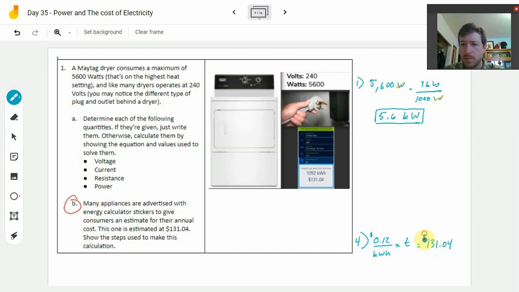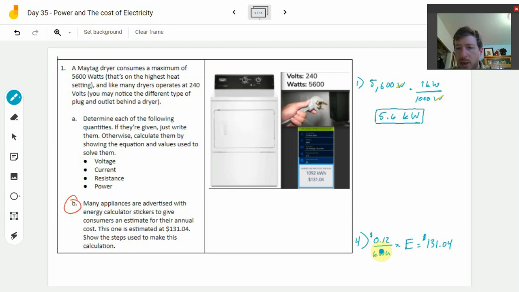So if we divide both sides by this cost per kilowatt hour, or sorry, this shouldn't be time here, this would just be the energy in kilowatt hours.